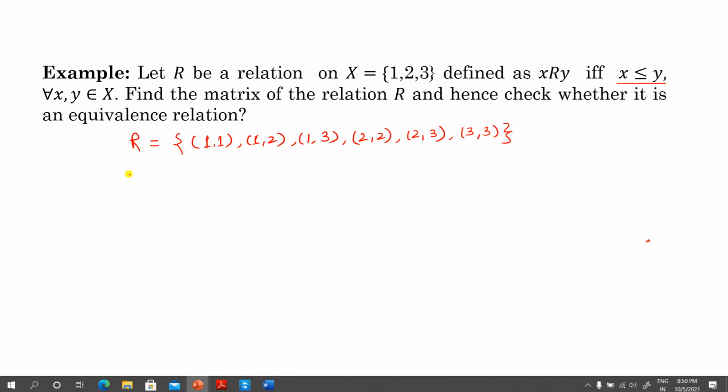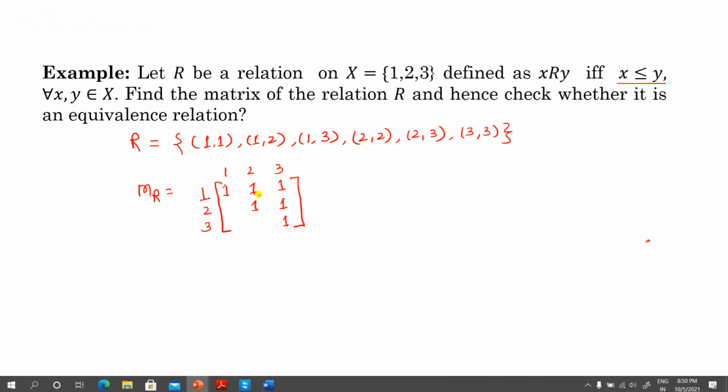Now the matrix of this relation MR will be a square matrix of order 3. Now look at this (1,1). 1 is related to 1, it means this element is 1. 1 is related to 2, this is 1. (1,3). Now (2,2), (2,3), and finally (3,3).